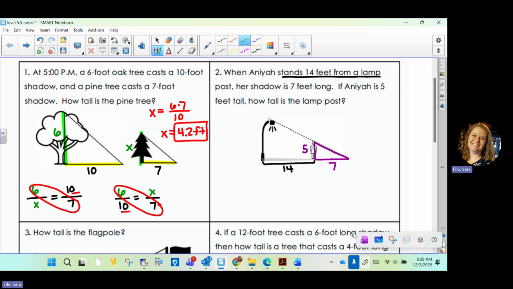If you look at these triangles side by side, if you take out that little one of Anaya, and then the lamp post and its shadow, and look at them separately, this shadow is not 14. How big is the shadow?